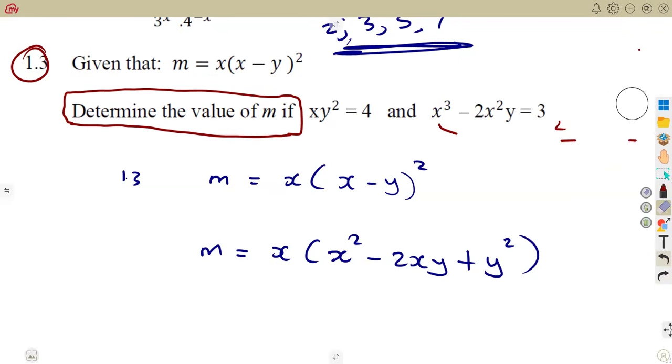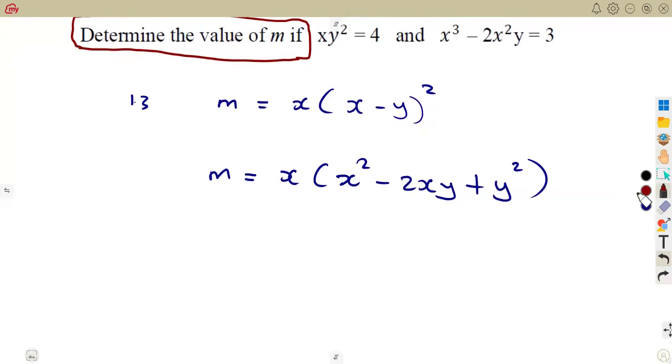You can do that if you know this expansion when raised to the exponent of 2. Now just expand by the x which is outside of the bracket. We can see that there's an x outside of the bracket here. So x times x squared is x cubed. x times minus 2xy, you're distributing, remember?